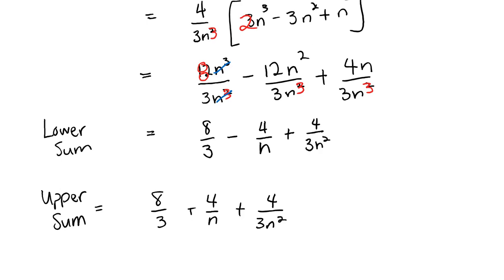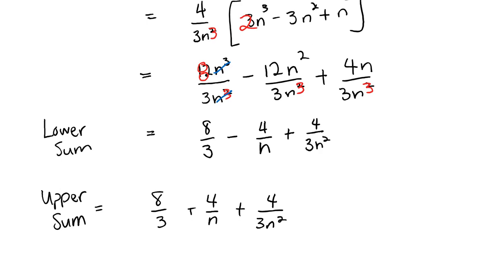So with both of these formulas, remember that n stands for the number of rectangles. If I were to choose a specific number of rectangles like we had in the last video of 5, then we could substitute 5 in for n, and then we would have the area with the lower sum, the inscribed area, the upper sum, the circumscribed area.